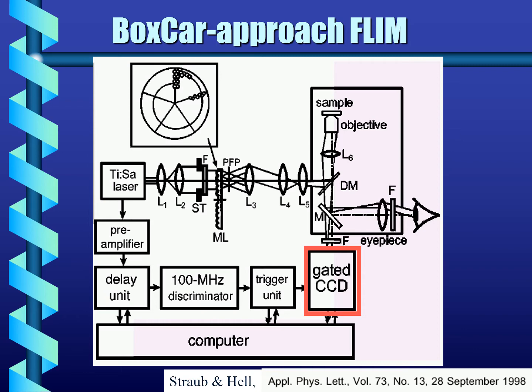This has a great advantage in terms of efficiency, because the multi-channel plate detectors, which are essentially a tiny little PMT for every pixel, are rather inefficient. However, the problem is that the speed of these devices is not yet quite fast enough to work in this range of a fifth of a nanosecond. It is rather in the range of tens to hundreds of nanoseconds that you can do this gating. So they are not really well suited for fluorescence, but rather for phosphorescence, which is more in the microsecond range.